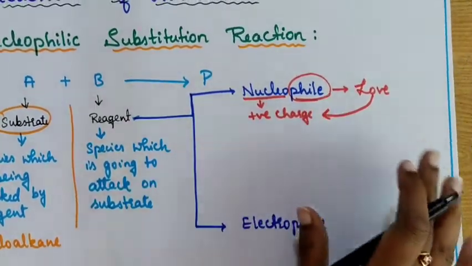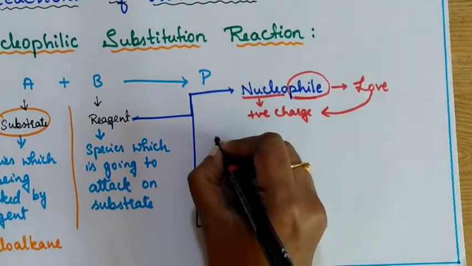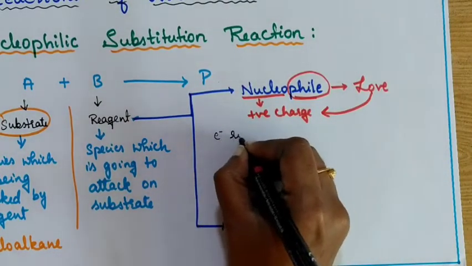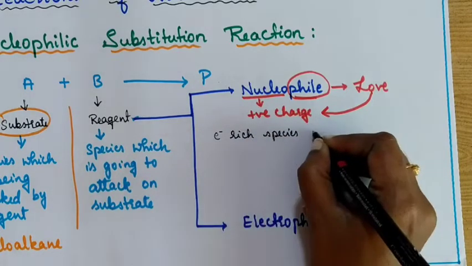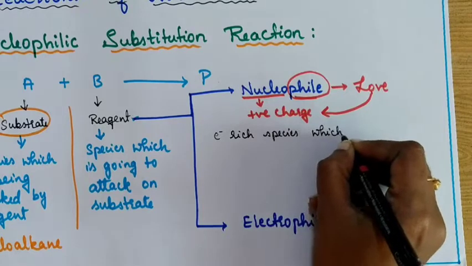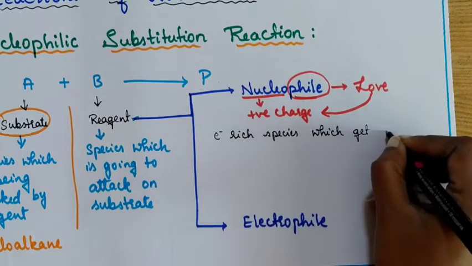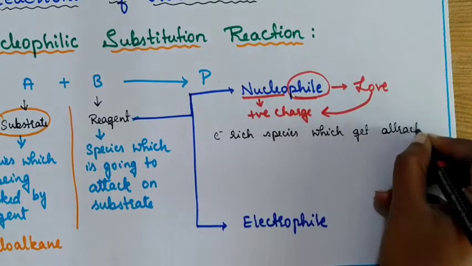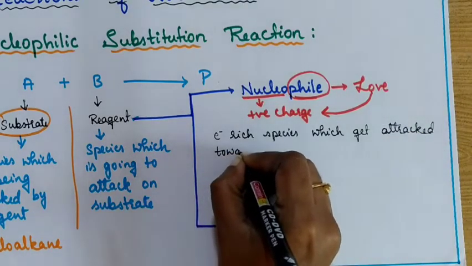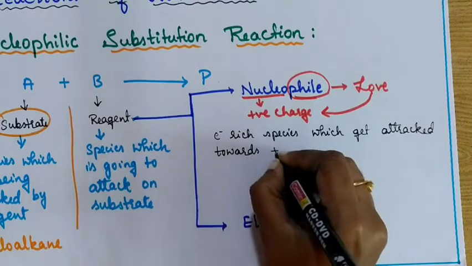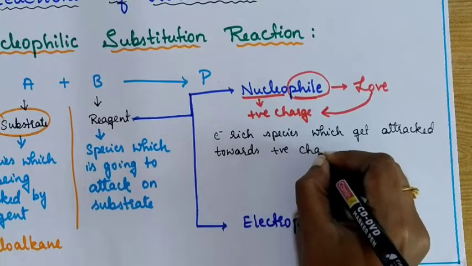So how can you define nucleophile? It is nothing but electron rich species which get attracted towards positive charge.